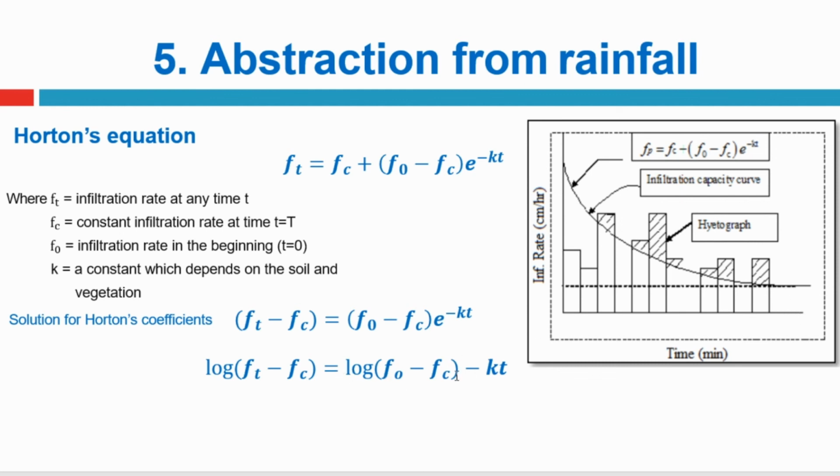So log of (f0 minus fc) is your constant, and minus k is your m. I hope you remember the linear equation: y is equal to mx plus c. m is represented by minus k, x is represented by t, y is represented by log of (ft minus fc), and the constant is represented by log of (f0 minus fc). This is how we can solve Horton's equation. Okay, right, thank you.